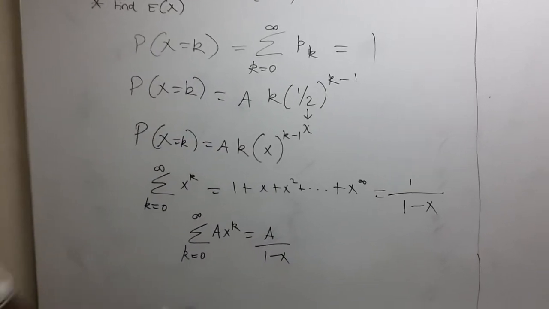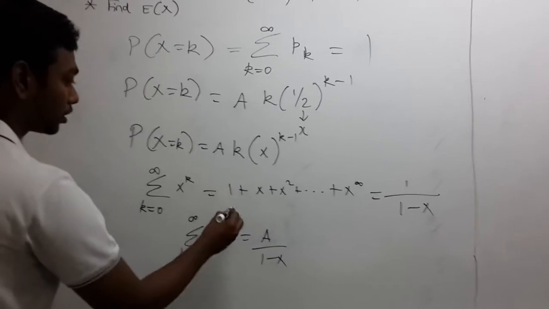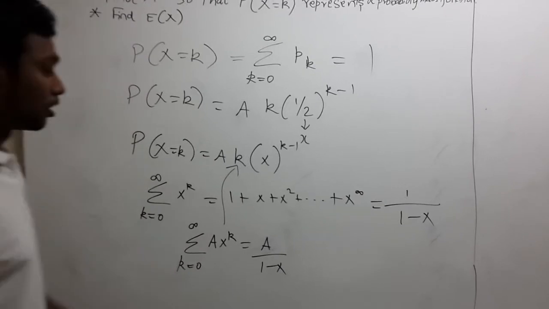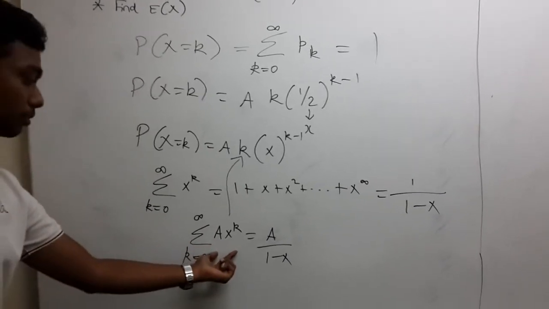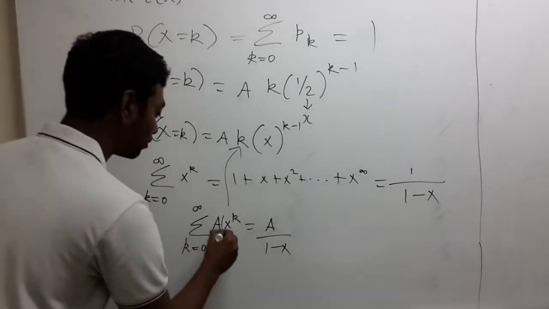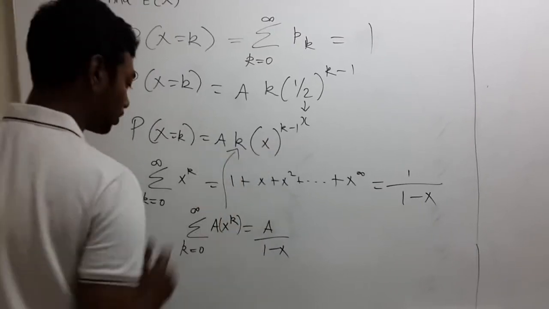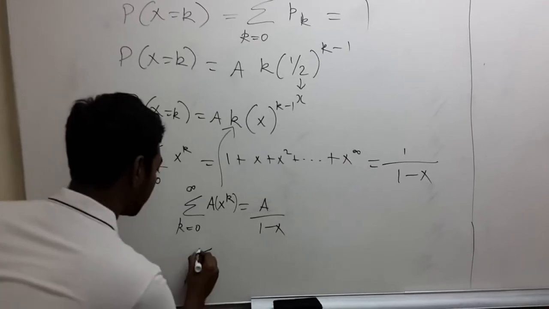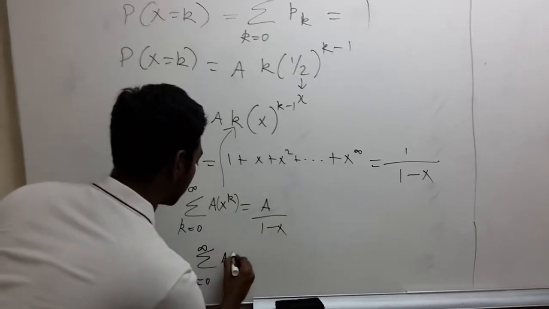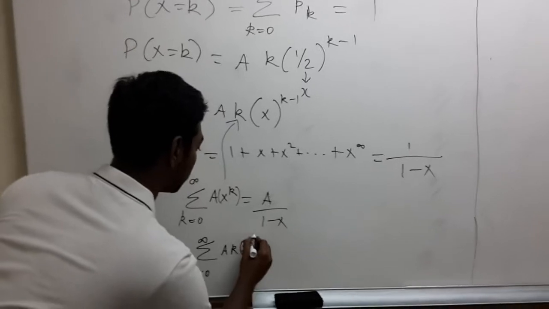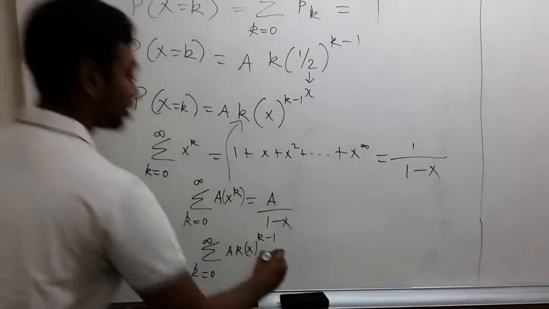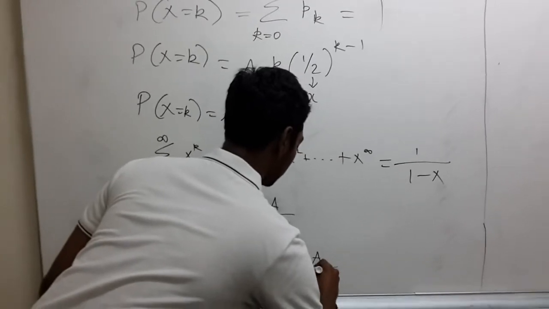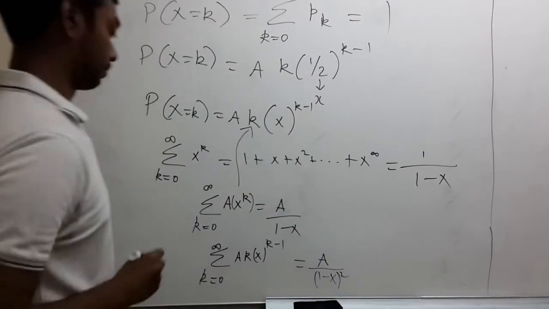Now we need to get the equation in this form. If we perform the differentiation operation on this x to the power k term, we will be able to get the equation in this form. So performing differentiation with respect to x, we get the summation from k equal to 0 to infinity of a times k times x to the power k minus 1, and this side it's going to be a by (1 minus x) the whole square.